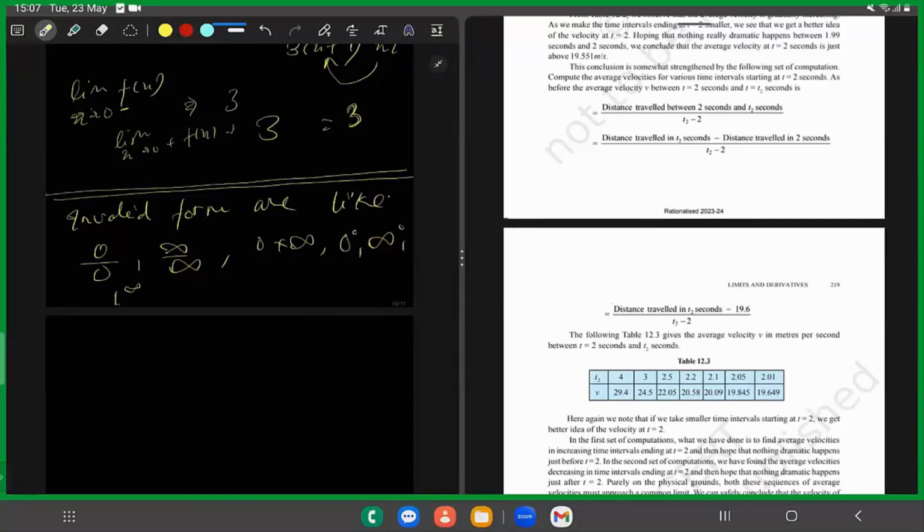Okay, so that's why we apply the limits so that we can find the tentative value of the function that would be approaching as the value of the variable tends to some given value. Okay, so that was the fundamental about the limits.